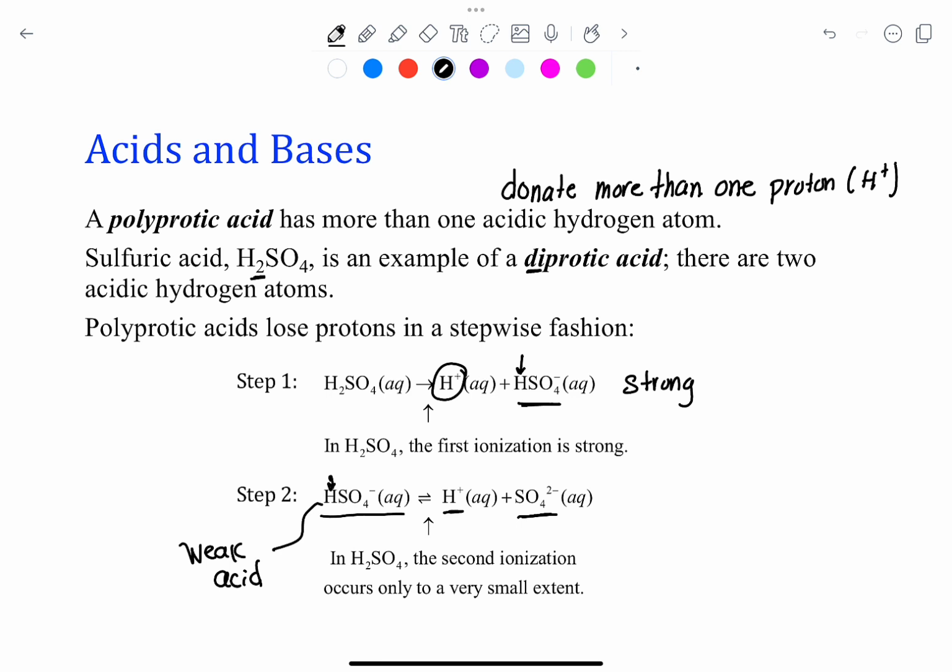So if we have a polyprotic acid that starts off as a strong acid, which only applies to sulfuric acid, it is our only polyprotic acid that's strong. Okay, the acid that we start with in the second ionization is then a weak acid. It's less likely to give away that hydrogen. We follow our weak acid definition.